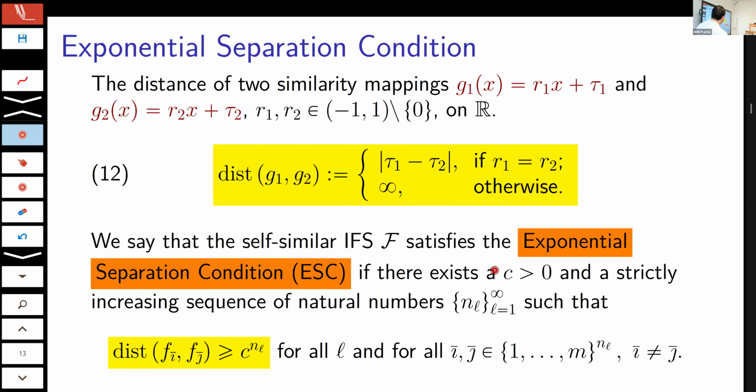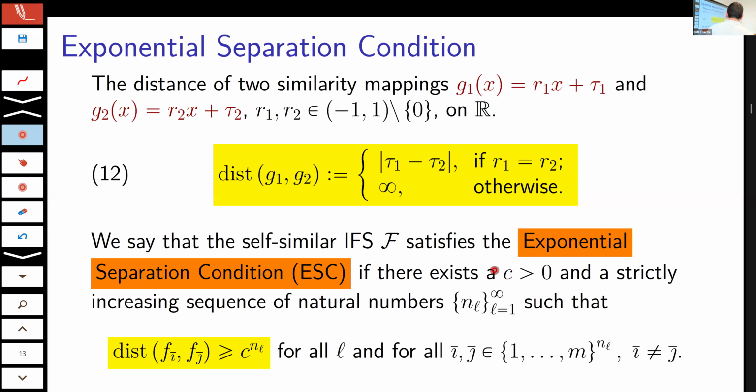If they have different slopes, we just set the distance to be infinite. They are infinitely far away from each other, so we do not care about similarities with different slopes. We only want to make sure things are separated in case we have identical slopes.